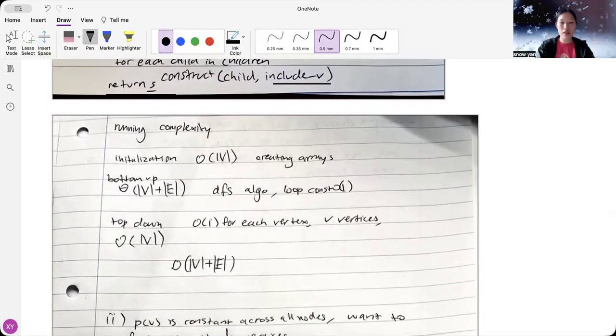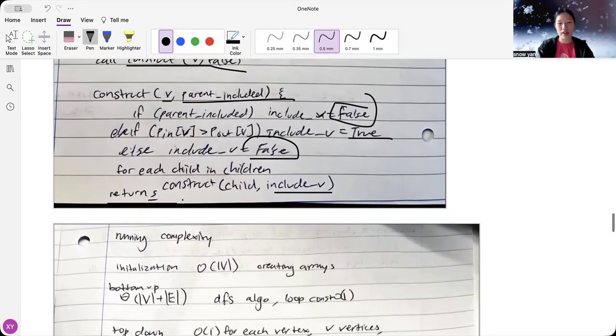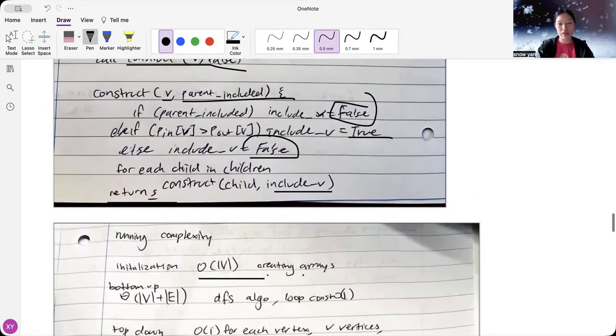So for the complexity of this algo, initialization of all the arrays would be O of V, because each one is of size V, right?